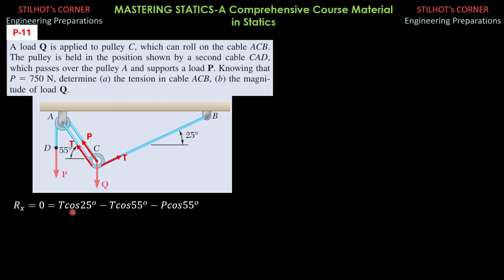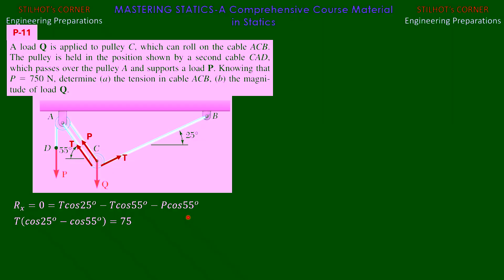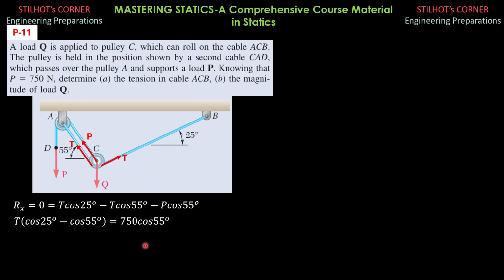So factor out T, quantity cosine 25 minus cosine 55 degrees, then that equals P, because P is given magnitude 750 cosine 55. So T quantity cosine 25 minus cosine 55 degrees equals 750 cosine 55 degrees. So T can now be solved. It is 1293 newtons.